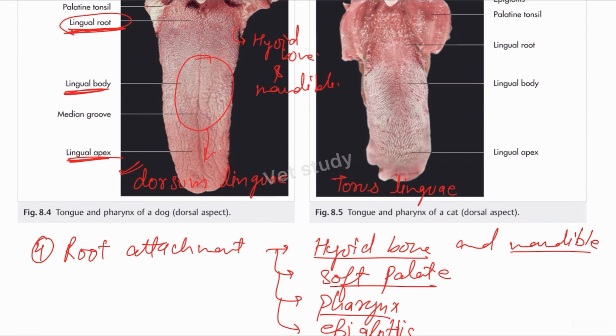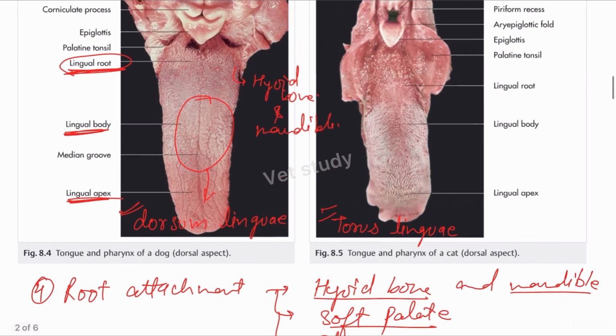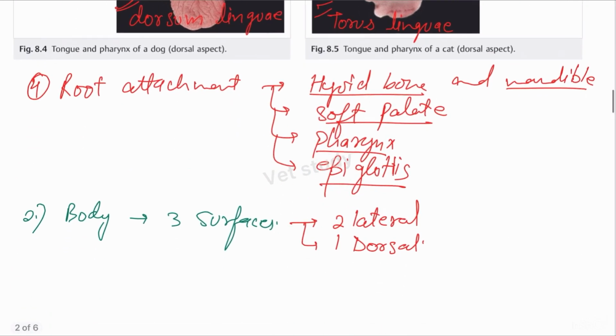There is a prominence, or raised area, at the posterior part. This is known as the torus linguae, and there is a transverse groove on this surface, which is known as the lingual fossa. I hope it is clear to you.